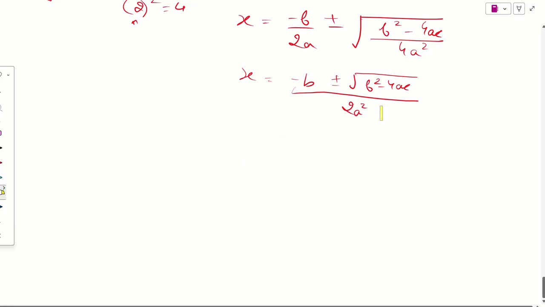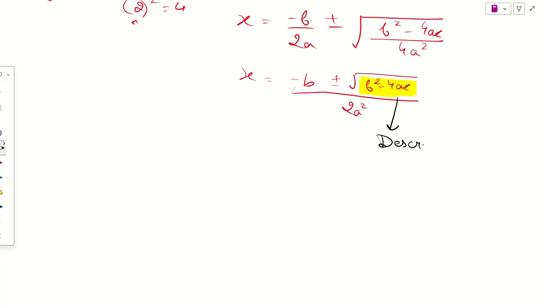Okay, so don't look at the whole thing yet. Just look at this box, this highlighted area only. So this is your discriminant. What do you understand by discriminant?